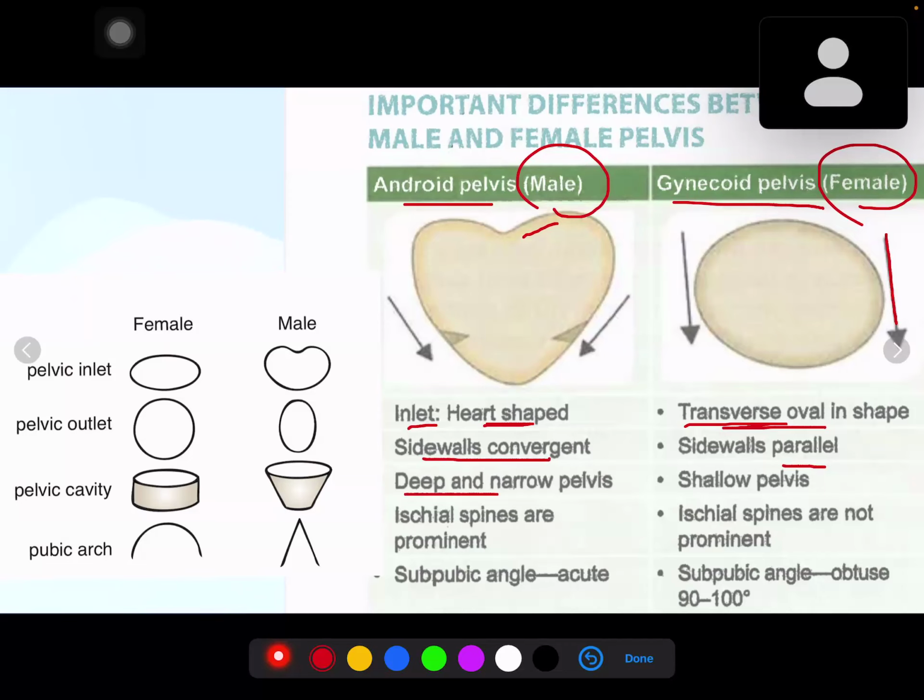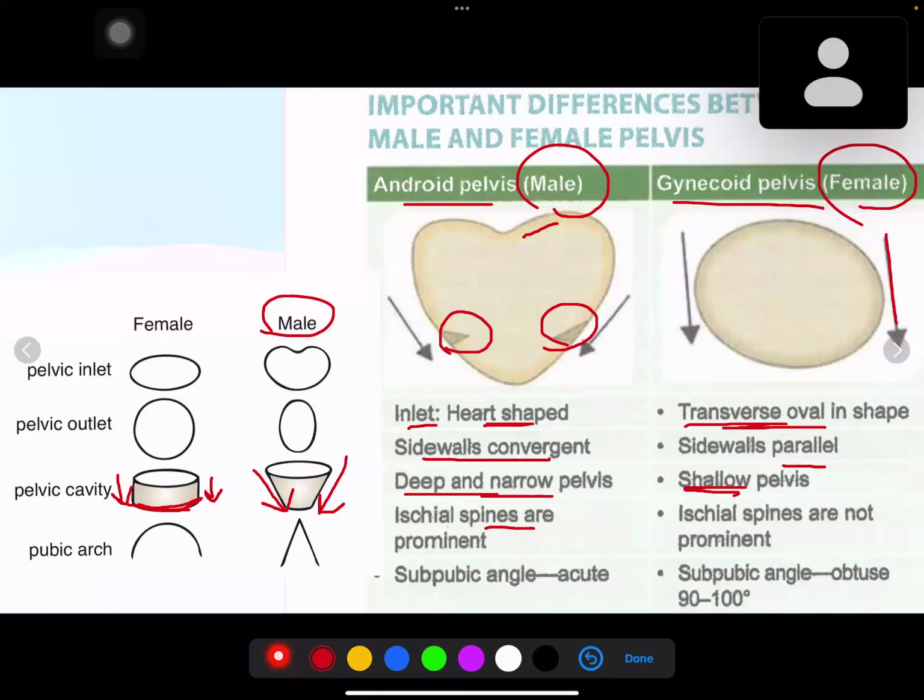The pelvic cavity would be deep and narrow. Okay, see, this is the male pelvis, deep and narrow, like this. And here the female pelvis is shallow. The pelvic cavity is very shallow and broad. Okay, and ischial spines are prominent here in the male pelvis, and ischial spines are not prominent in the female.